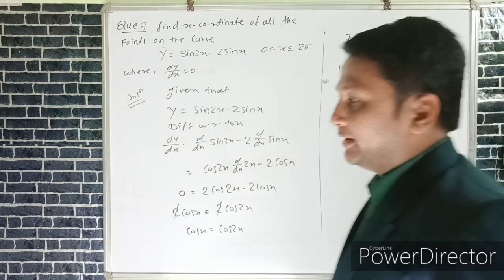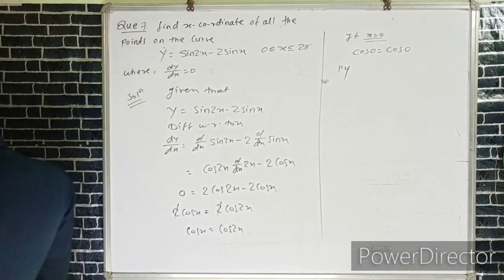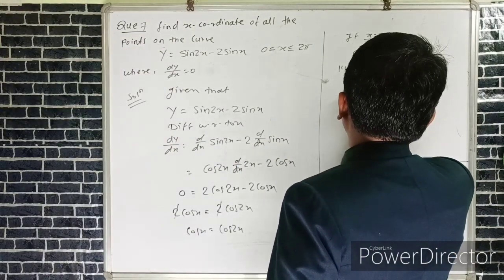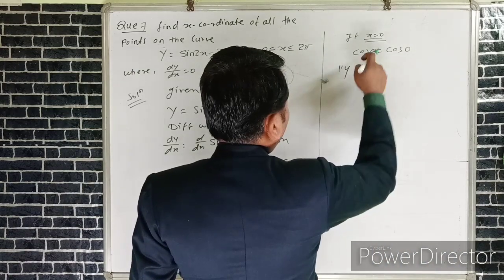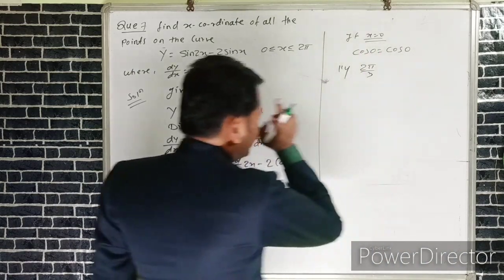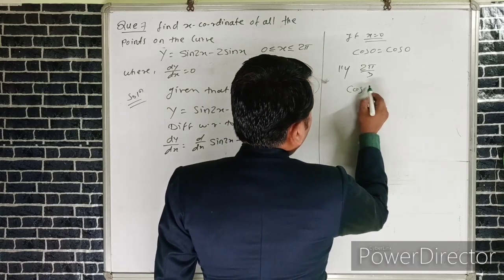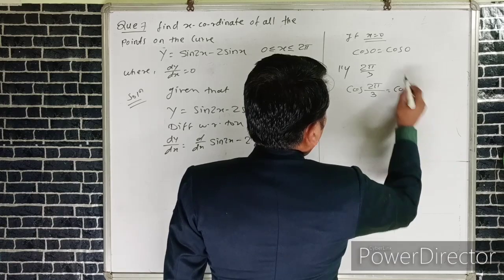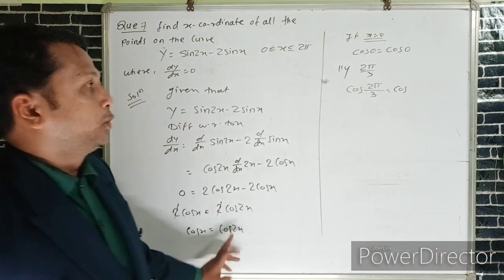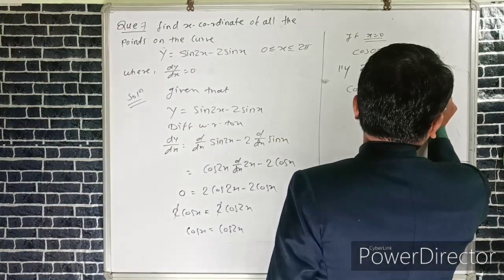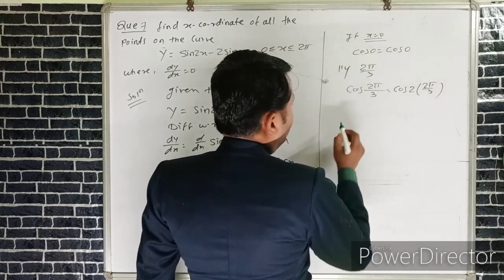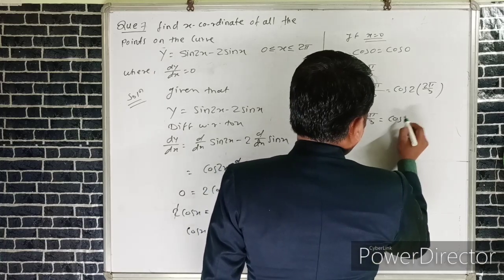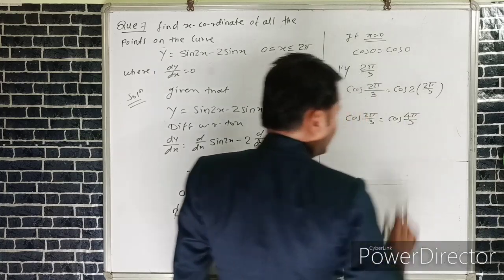Similarly, we can find that x is also 2 pi by 3. If we take x as 2 pi by 3, then cos of 2 pi by 3 is equal to cos of 2 into 2 pi by 3, so cos of 2 pi by 3 is equal to cos of 4 pi by 3.